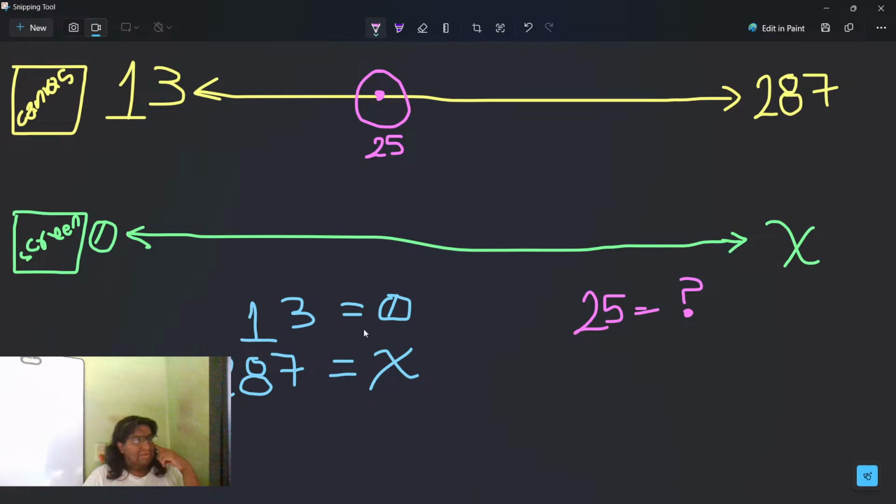Okay, now how can I insert this information over here? If 13 is 0 and 287 is x, how much is 25?